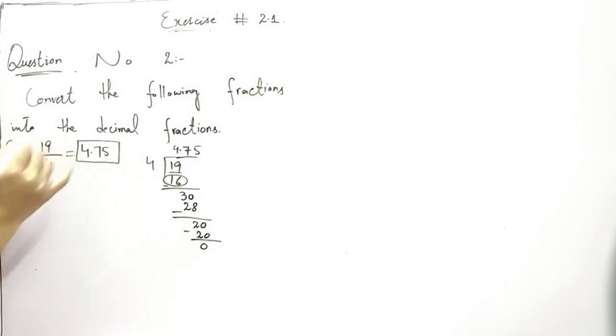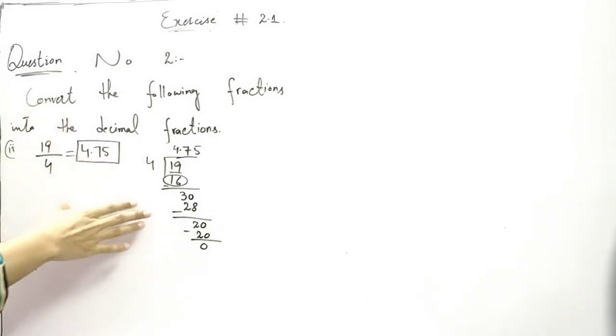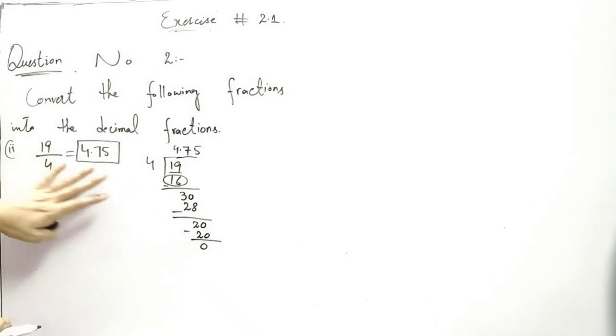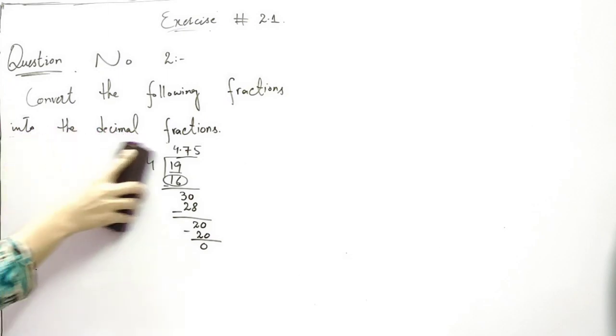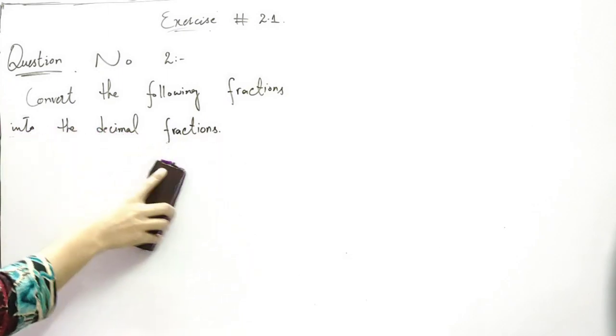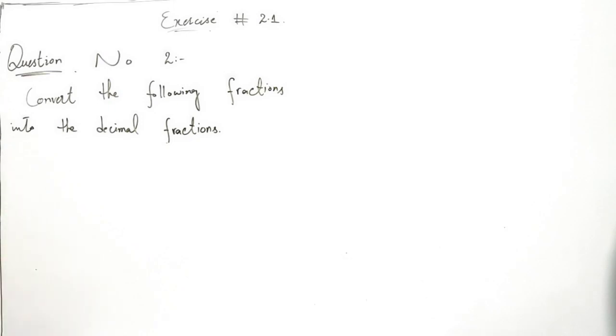This is the answer of 19/4 into the decimal fraction. The method to convert any fraction into the decimal fraction is very simple. You just need to divide the value to convert it into the decimal fraction.